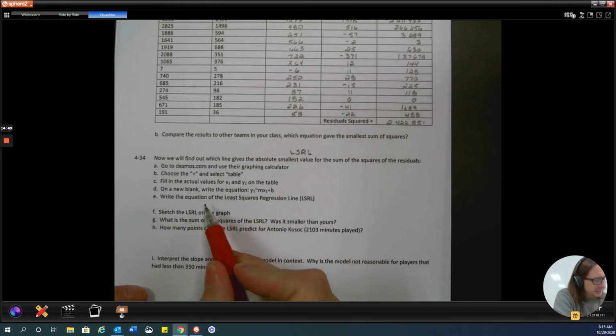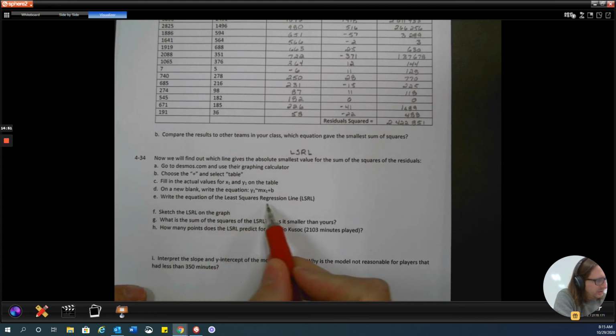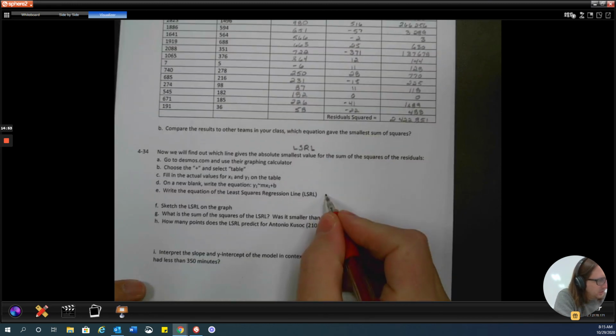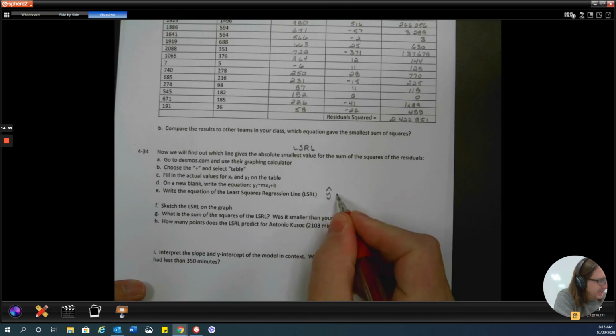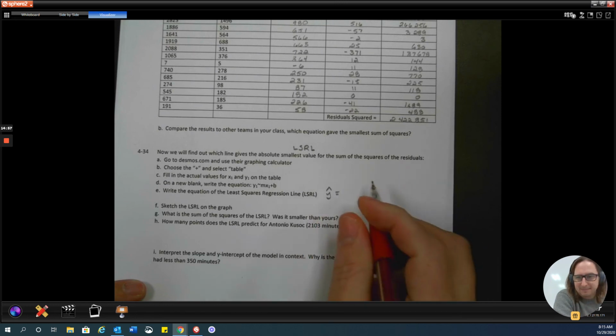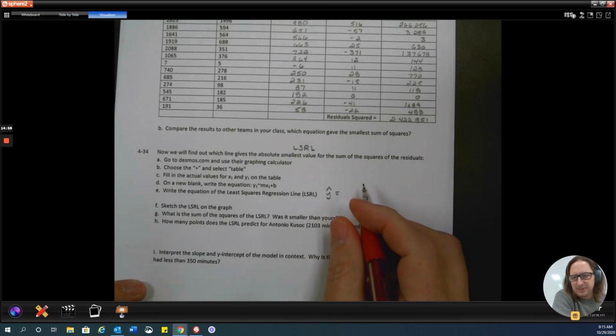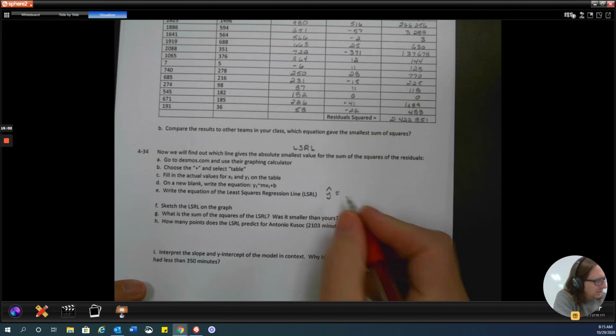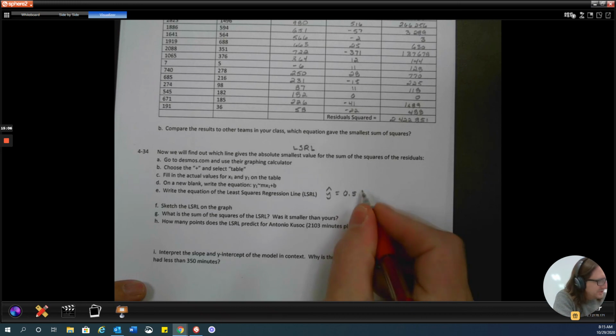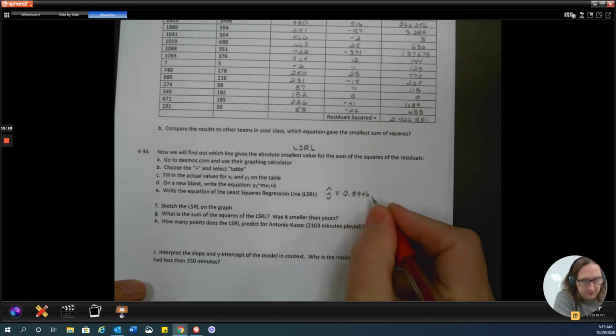It says write the equation of the least squares regression line. Okay, so our predicted value is going to be, and I'm going to keep it to 4 decimal places, 0.5946, that's my slope according to Desmos, times X, and then minus 208.795.